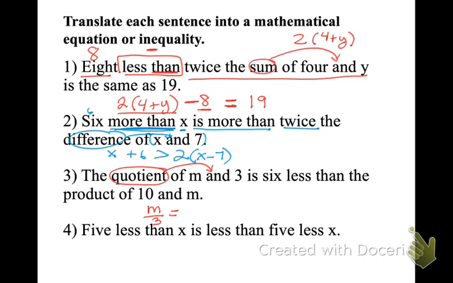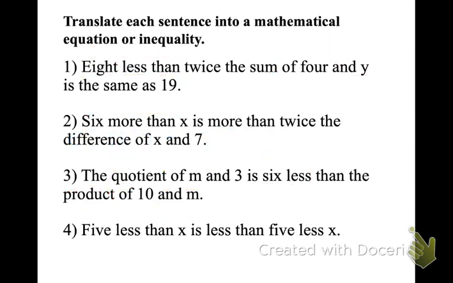Is equals 6 less than, here's a than, the product of 10 and m. So 6 less than 10m. But because it says than, we have to do 10m minus 6. Okay? Quotient of m and 3. Let's try the next one.